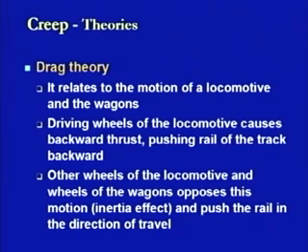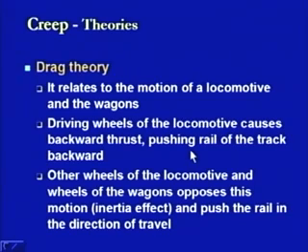When we again resolve this force into two components, there will be one component acting in the longitudinal direction, in the direction of the movement of the wheels. So, we have two forces: one is the tractive force, which acts in the backward direction, and another is the force due to the wagons, which oppose the motion due to inertial effect and try to push the rail in the forward direction, or in the direction of travel.